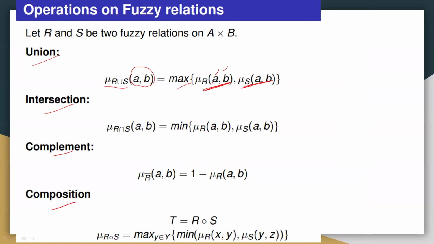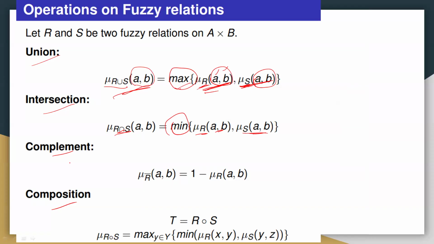So for the ordered pair of elements A and B, what is the membership value in the relation matrix S? We look at these two and find the maximum, and that will be the union. Similarly, for intersection, mu R of A B, mu S of A B, the minimum of them will be the result of the intersection.